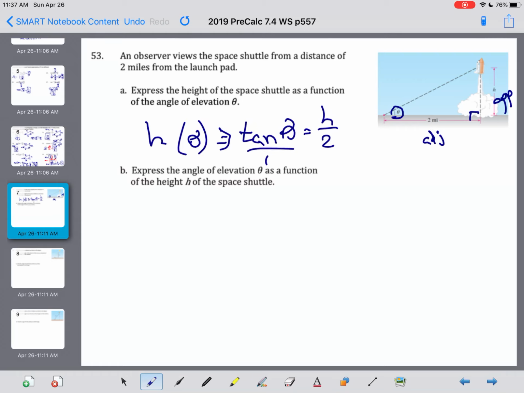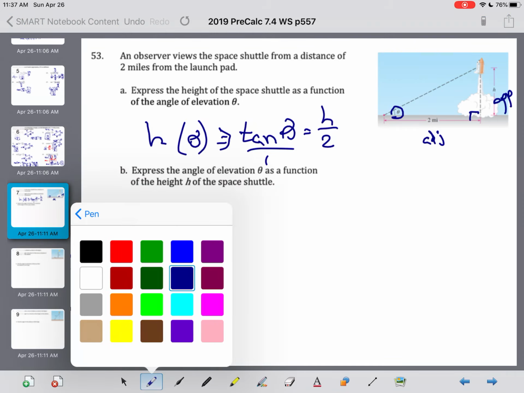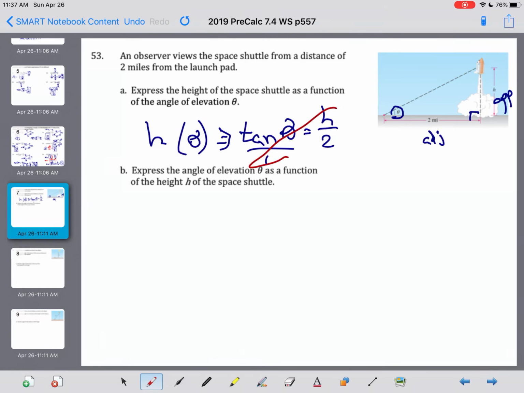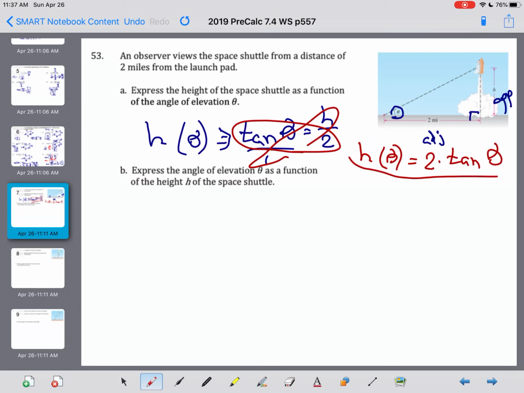A little bit of work here, so now I've got to do my means extremes property. So I get h equals 2 times the tangent of theta. So, final answer, h is going to equal 2 times the tangent of theta. So again, here's what I was working toward, and here's my trig ratio that helped me.